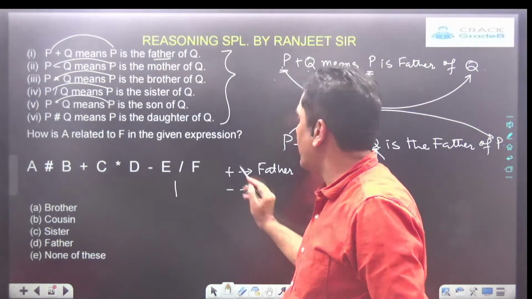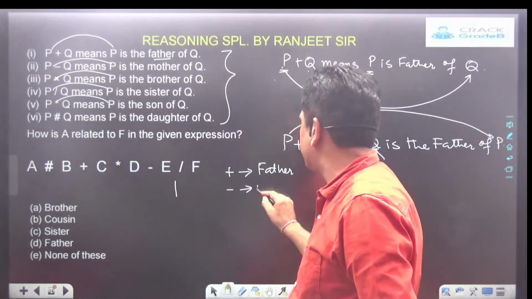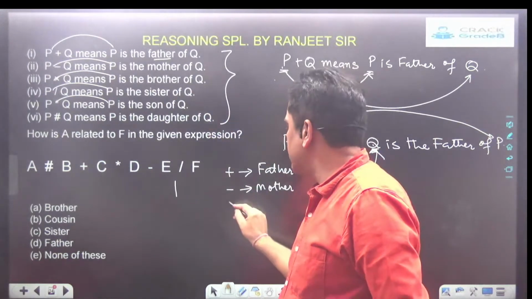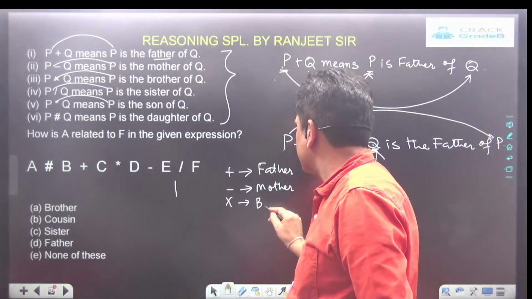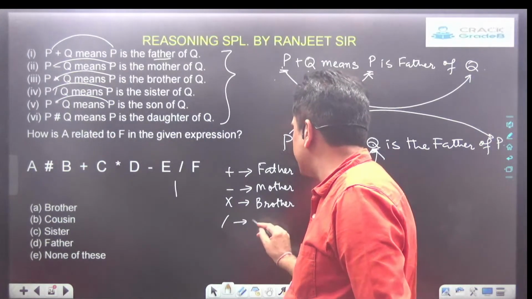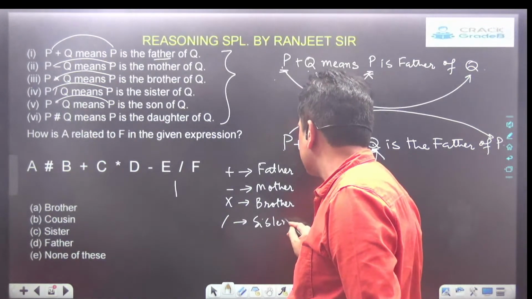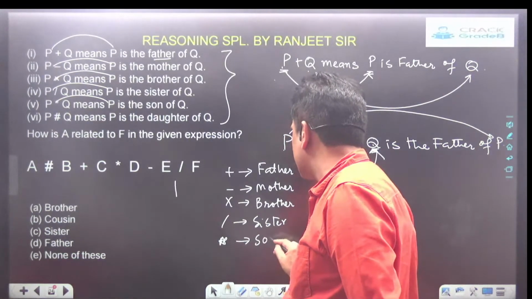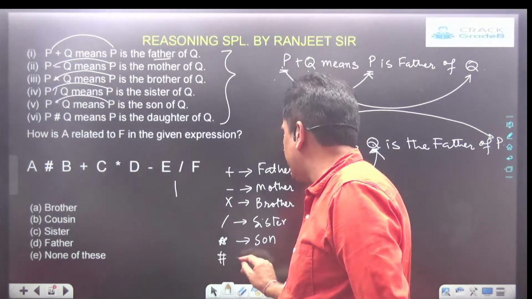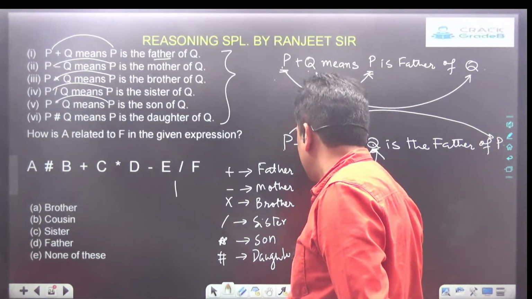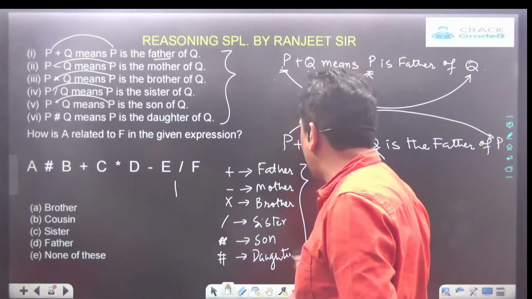Minus stands for mother. Cross stands for brother. Divisor stands for sister. Star stands for son. And the last one, hash stands for daughter. So this is my first observation in the exam.